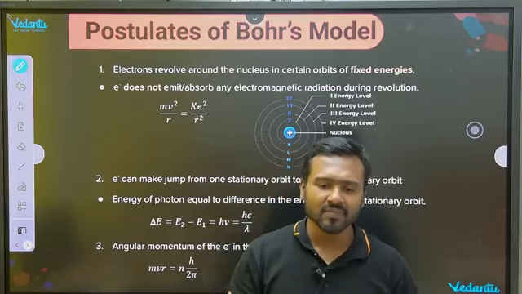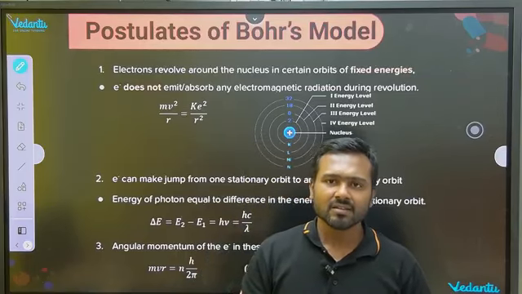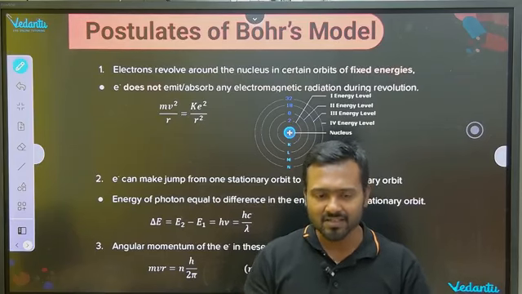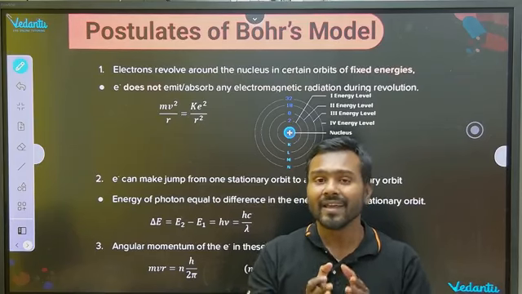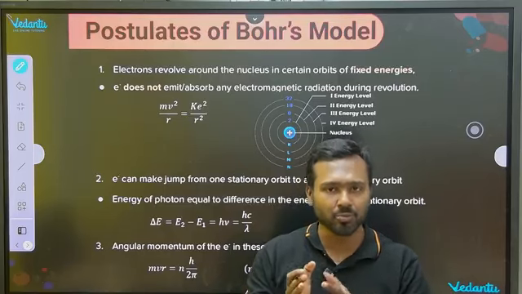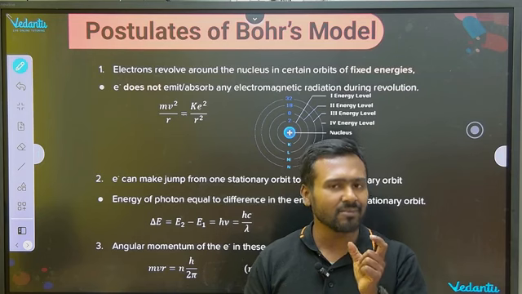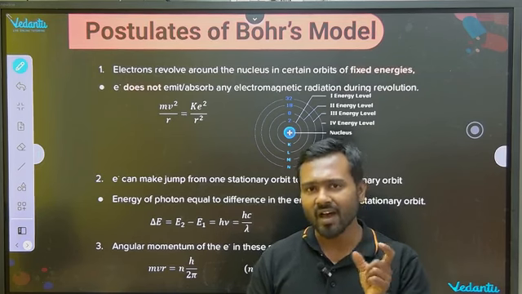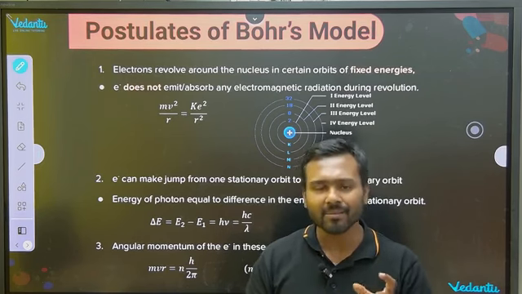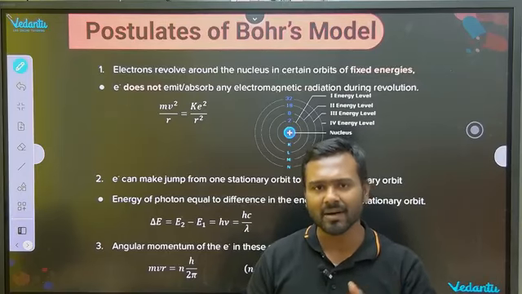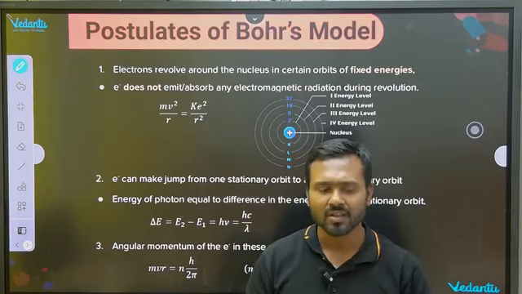And also he said the angular momentum of an electron revolving in a circular path is equal to integral multiples of h by 2 pi. That is, the angular momentum of the electron in a particular orbit, mvr, is equal to nh by 2 pi, where n is any integer: 1, 2, 3, 4.